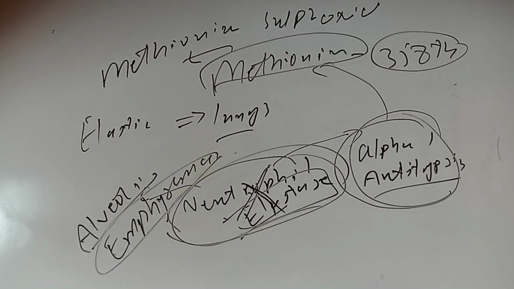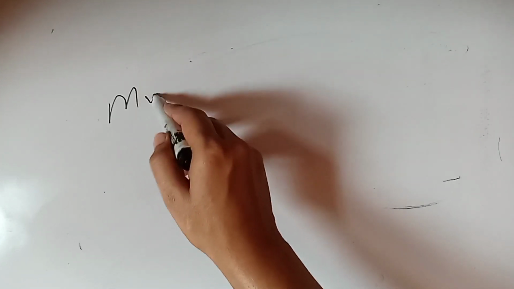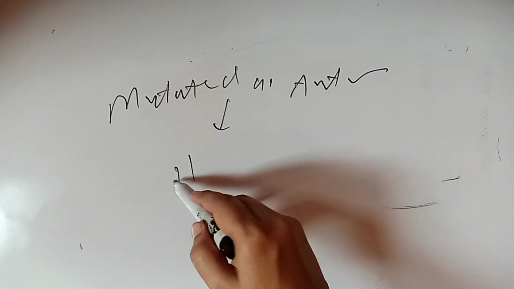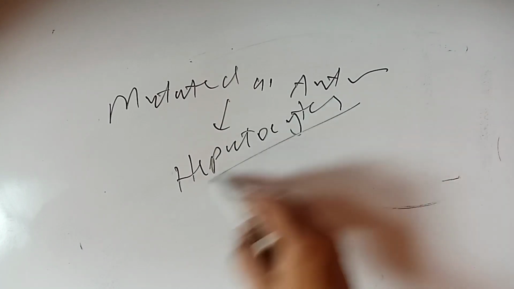Another thing we should know is that there can also be a genetic deficiency of alpha 1 antitrypsin due to genetic mutations. If it arises due to genetic deficiency, then the mutated alpha 1 antitrypsin can accumulate in the hepatocytes, because alpha 1 antitrypsin is principally synthesized by hepatocytes and released into the blood.